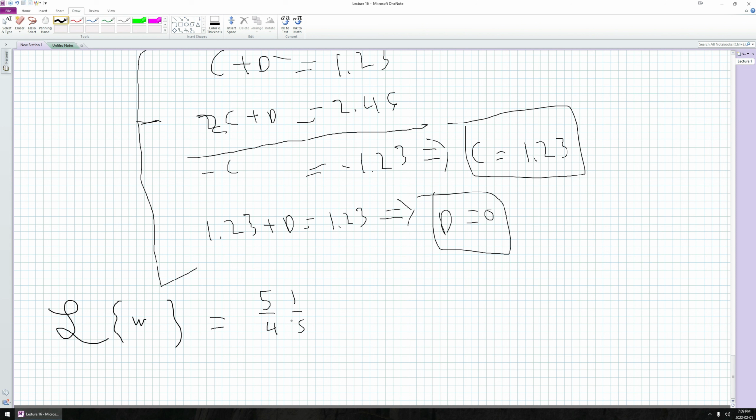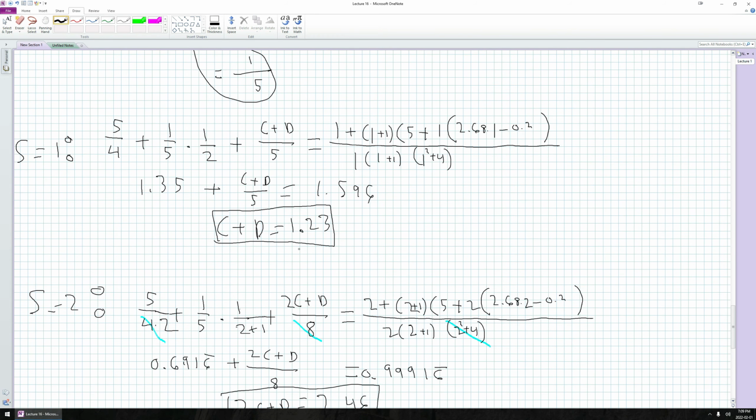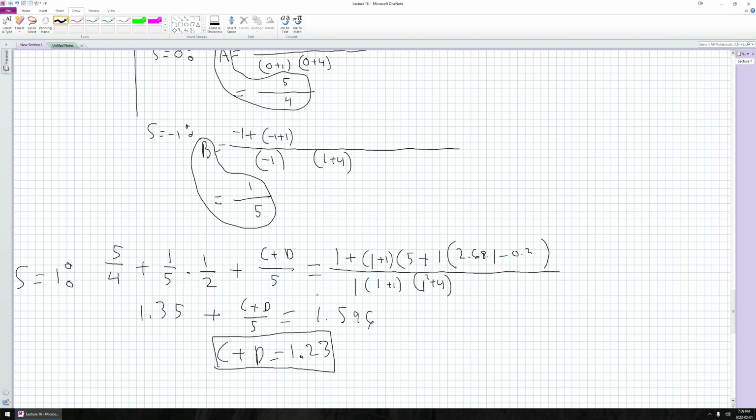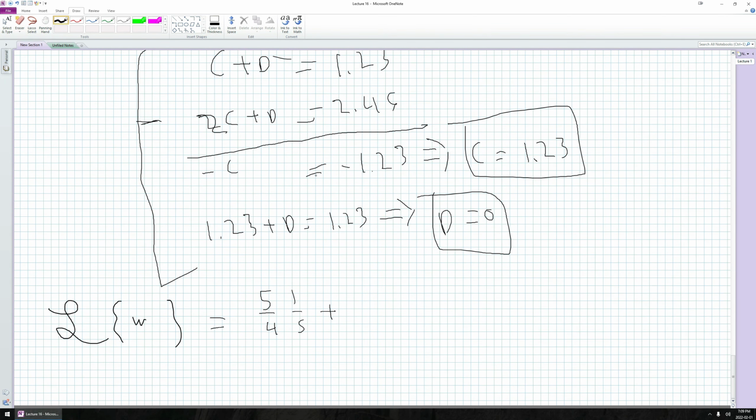Plus, what's the next term? Well, the next term that we had was this, and I misspoke about the transform there, but I'll fix that in a second. The second term that we have would be this term here, the 1/5 times 1 over s plus 1. This is the exponential. The other one's a constant. So 1 over 5, 1 over s plus 1. That'll give us a decaying exponential with the power of negative t there.